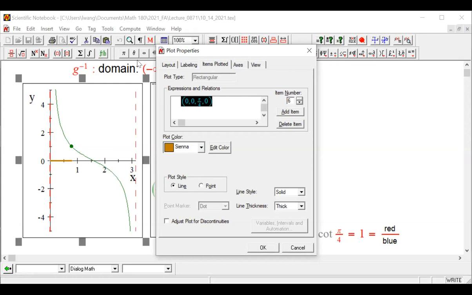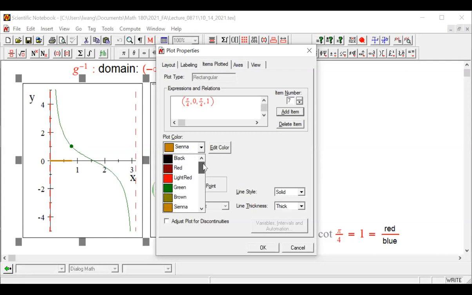I don't want to use that purple, purple is being used. We have used the blue, we have used red.